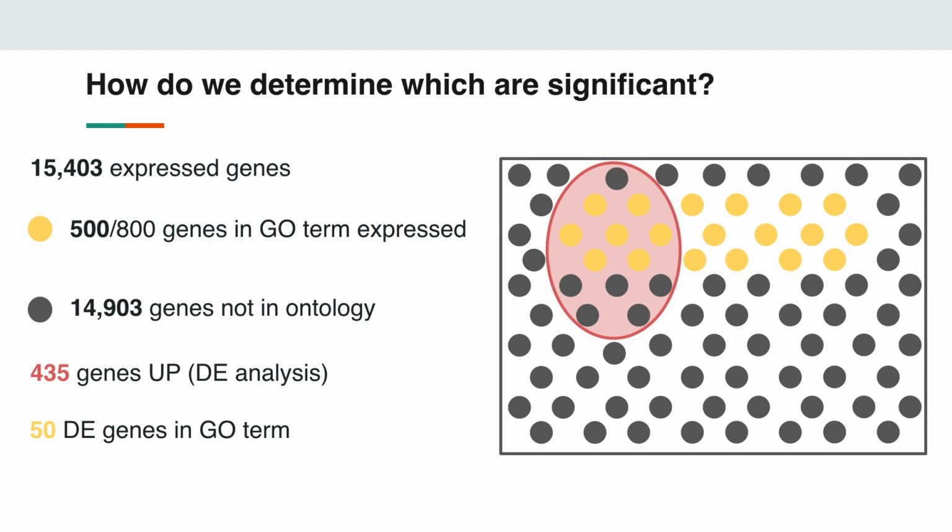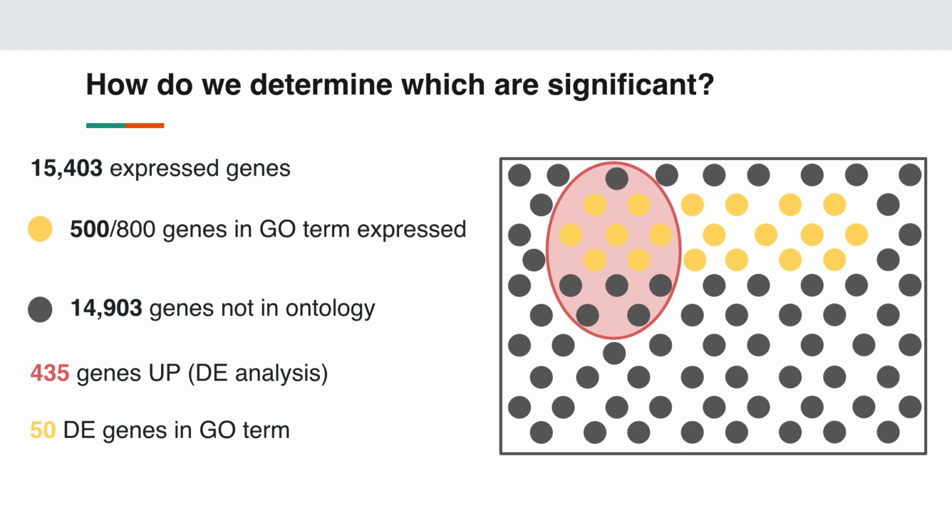If we put numbers on this example now, you have your universe of genes, or your jar, where you determined 15,403 were expressed, and you also have the knowledge from the database that there are 800 genes in this GO term, and out of the 800 genes in this GO term, 500 of them are expressed in your particular sample of interest.